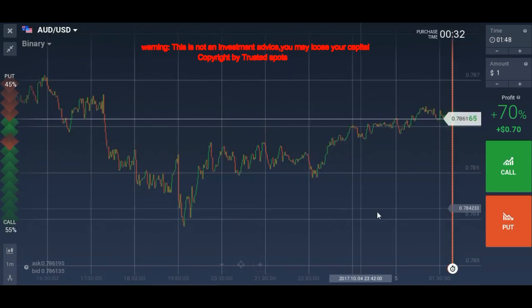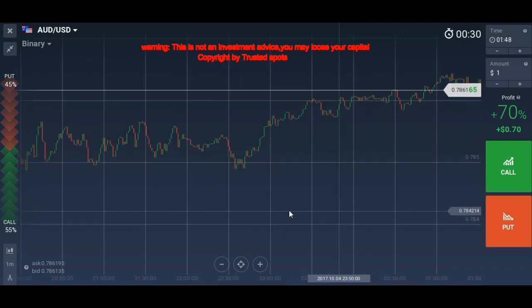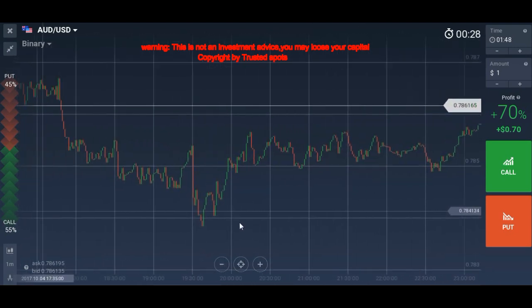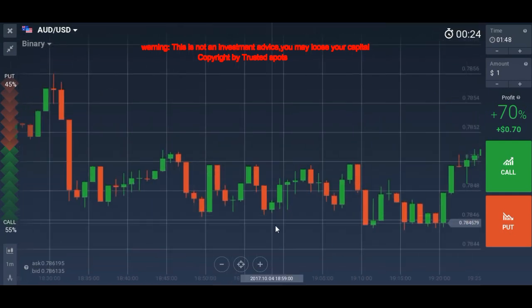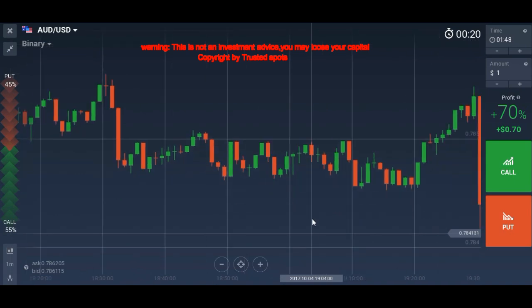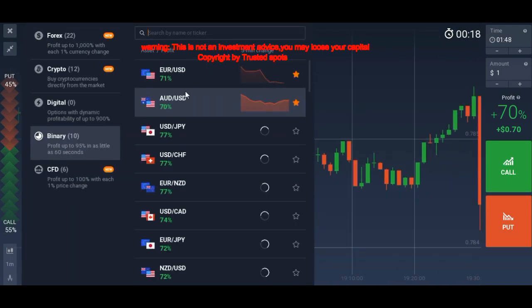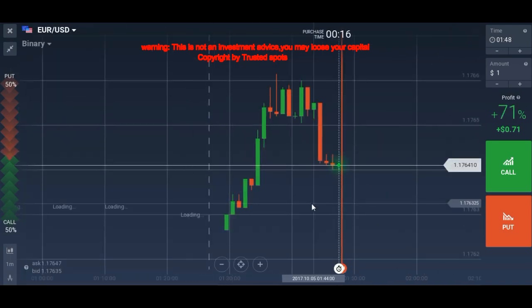We will move to EUR/USD, AUD/USD. We will go to GMT 13, and this is GMT 13. It is ranging. So let's move to EUR/USD, the best chart I can say.